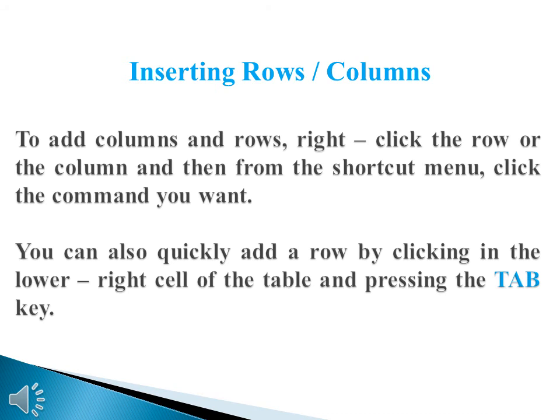Another way is you can quickly add a row by clicking the lower right cell of the table, that means the last cell of the table, and press the Tab key. Once you press the Tab key, a new row will be added automatically at the end of the table.